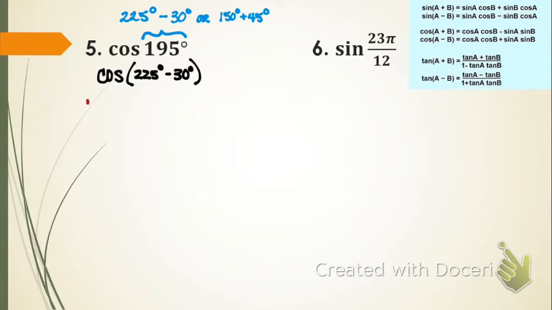Cosine of one angle times cosine of the other angle. So I have cosine of 225 times cosine of 30. Tell me about the operator between them. It's going to be a plus because it's going to be the opposite. I'm going to do that in purple instead of blue.